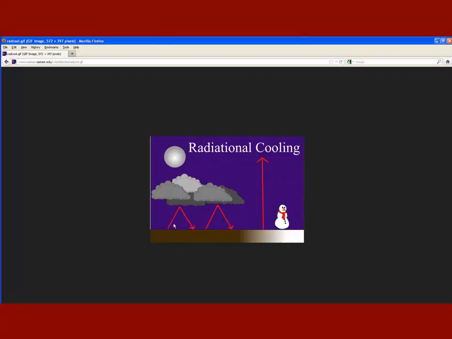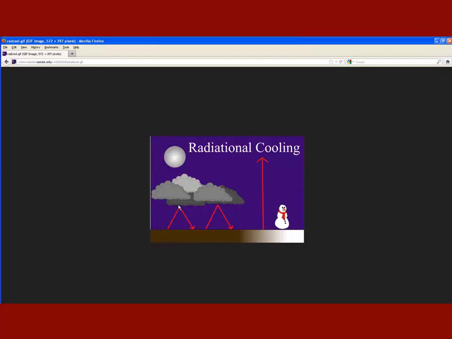So you see back here with these clouds, the clouds absorb that energy from the Earth's surface, and as we'll learn from an equation called the Stefan-Boltzmann equation, E is equal to sigma T to the fourth, that just simply tells us that the amount of energy that a body emits is proportional to the fourth power of its temperature.